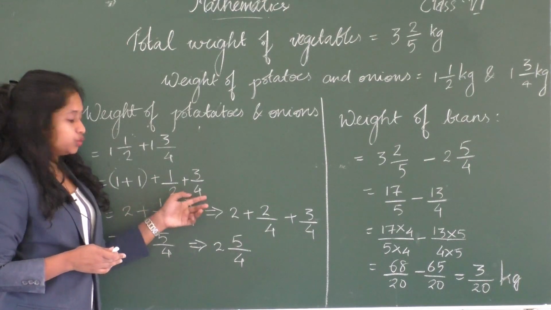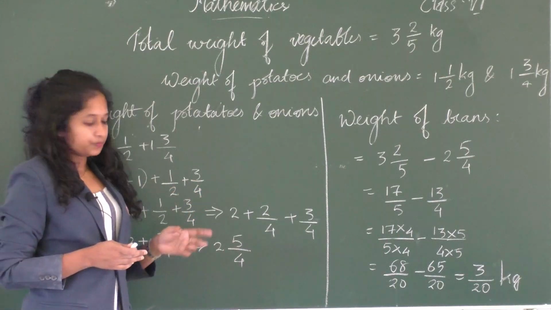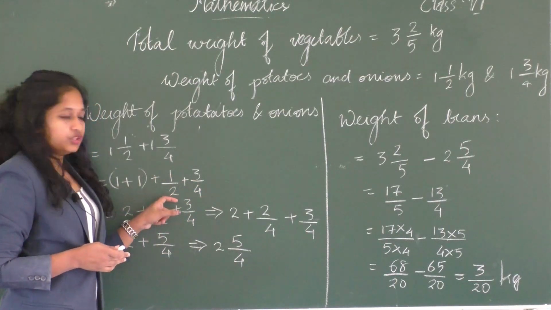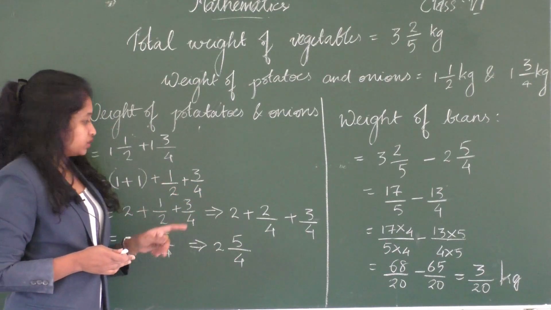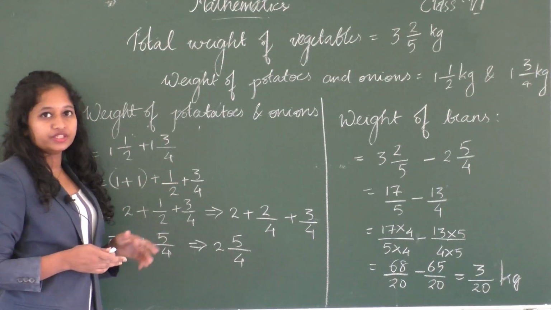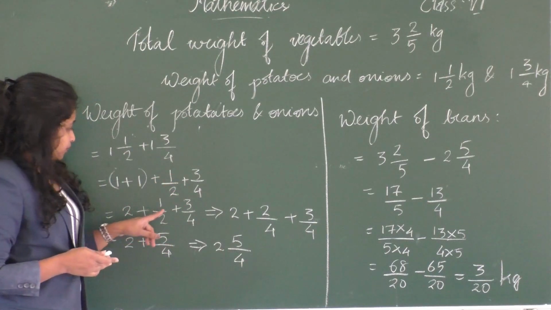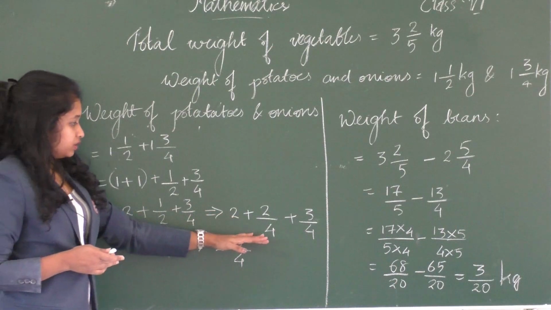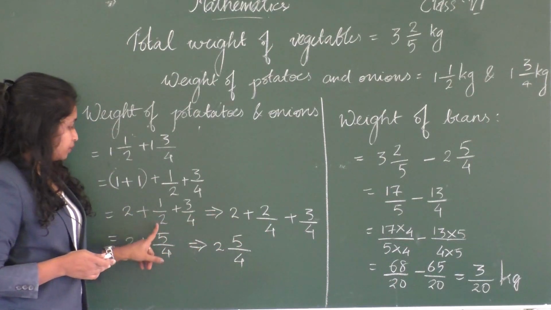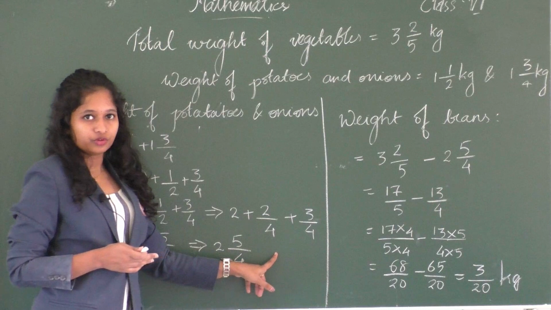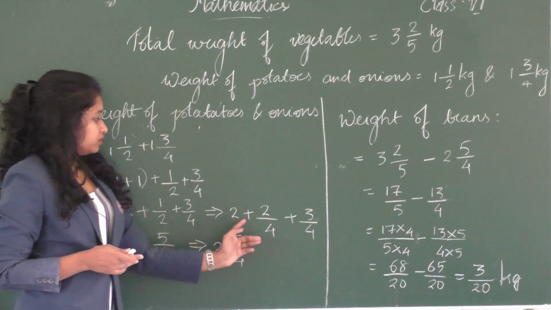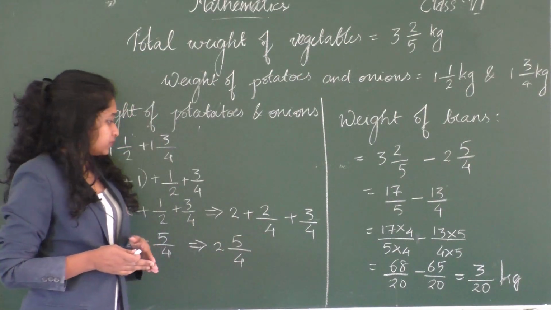So, the LCM of 2 and 4 is 4. So, convert this 2 to 4. So multiply the numerator and denominator by 2. So in this step we get 1 by 2 as 2 by 4 and remaining are as it is.